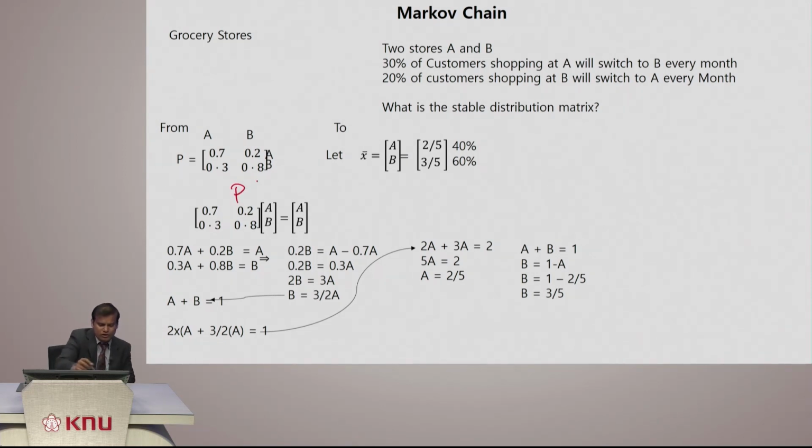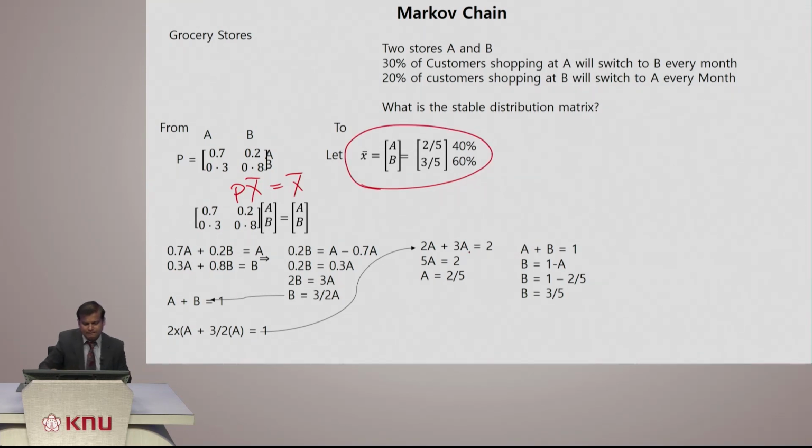We are going to look at the similar principle here. Based on that, you are going to solve for A and B, and finally you are calculating the stable distribution matrix. After finding this A and B, you will be able to solve it.